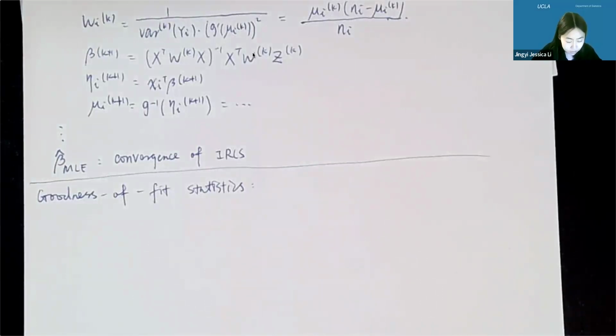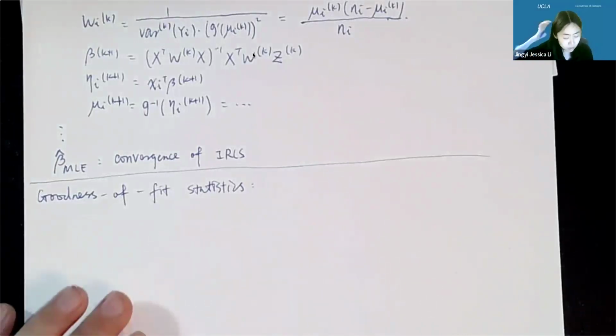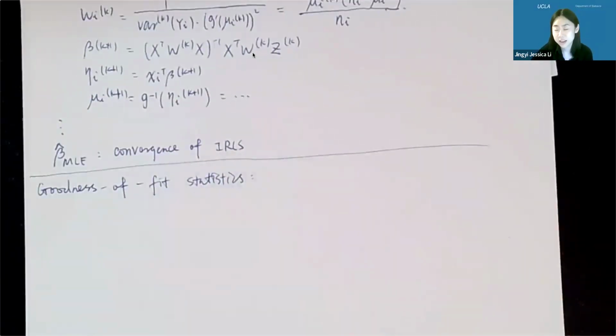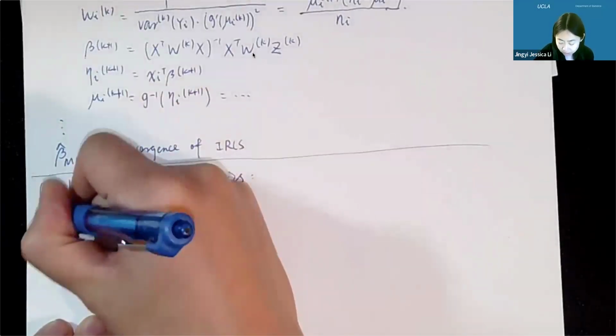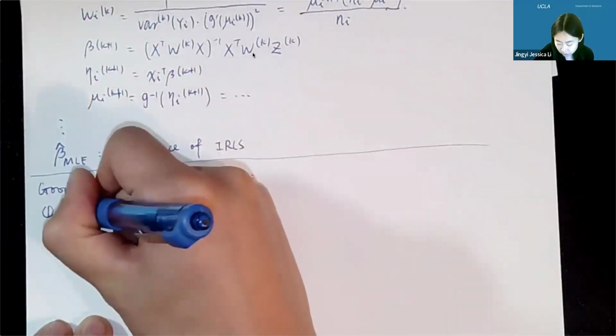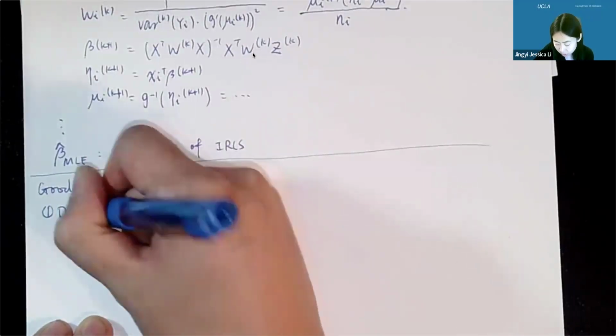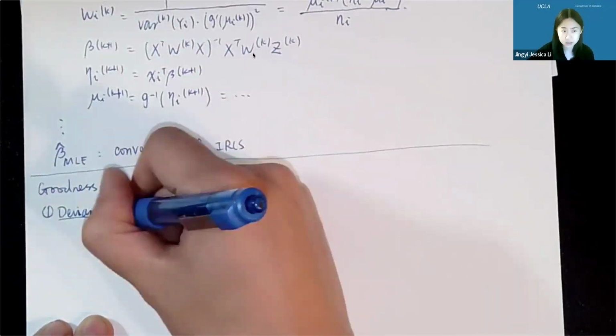So for the goodness of fit statistic, one thing we use as a counterpart to our mean squared error for the linear model is what we call deviance. This is a term I want everybody to be familiar with after this class.